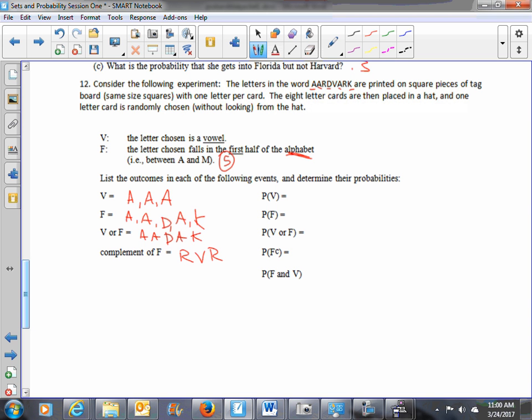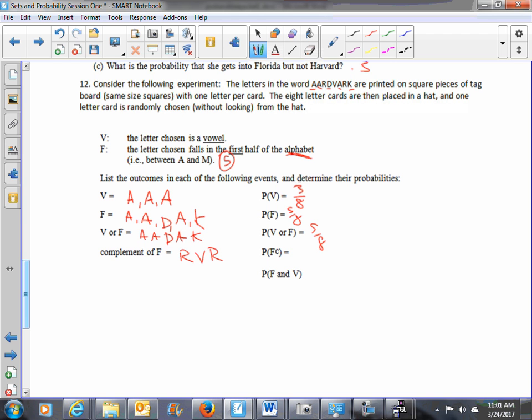The probability of V would be 3/8. We put the number of successes on the top and the number of cards on the bottom. The probability of F would be 5/8. And since V or F is the same as F, that would be 5/8 as well.